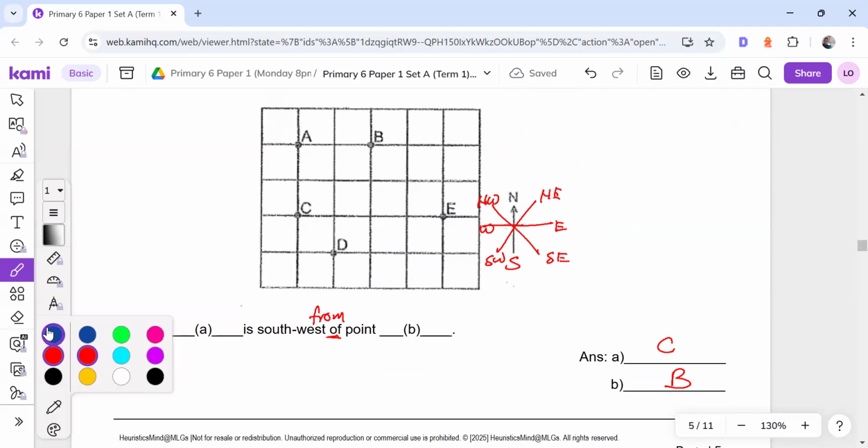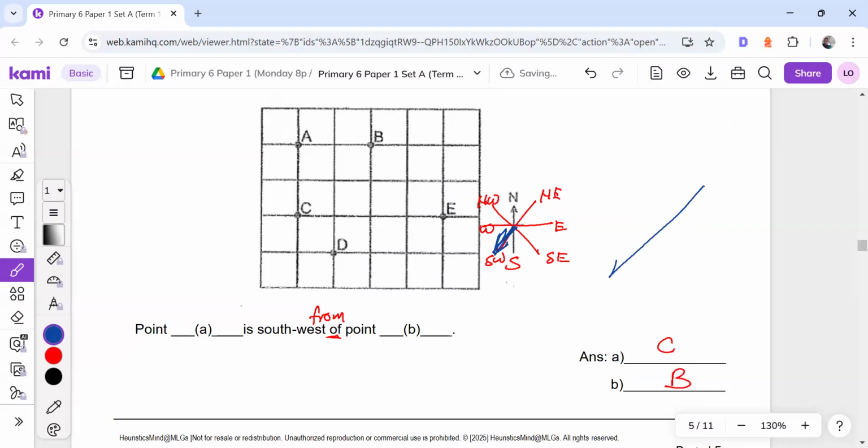Okay, where is your southwest? Southwest is here. Can you see the blue color? Right? So look for two letters that form something like this. Two letters that form something like this. Do you see B and C? If you draw, it looks parallel. So which point is southwest from which point? This is from. So this is start from here.